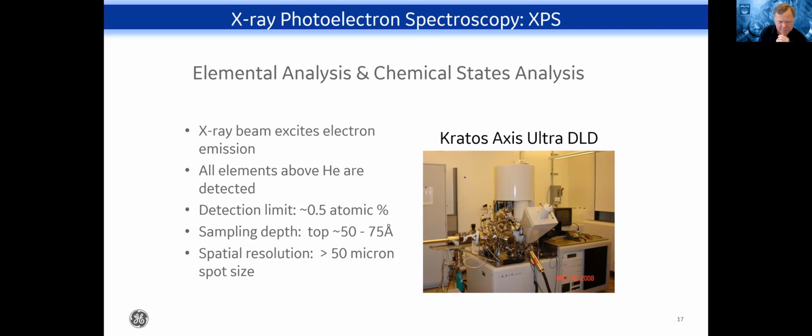Sampling depth is similar, but you can't focus an X-ray as tight as an electron, so the spot size is quite a bit larger. That said, as we'll show in a minute, you can collect some very useful images.